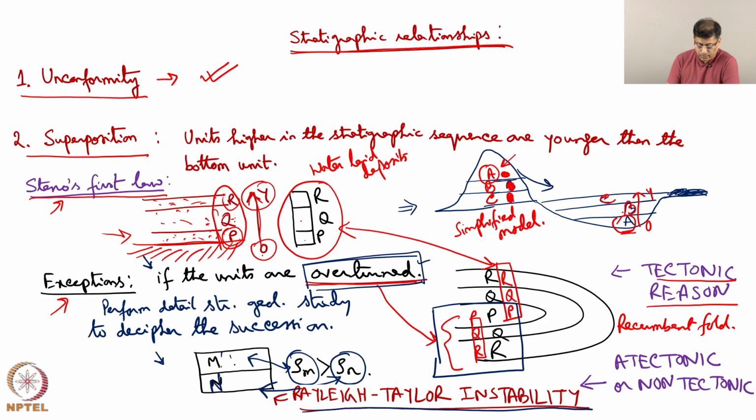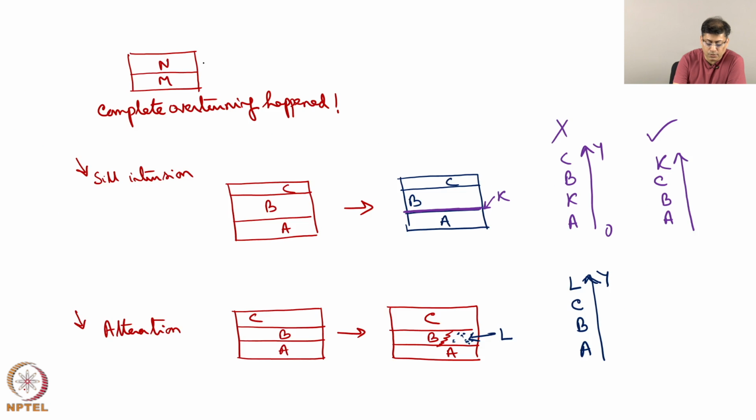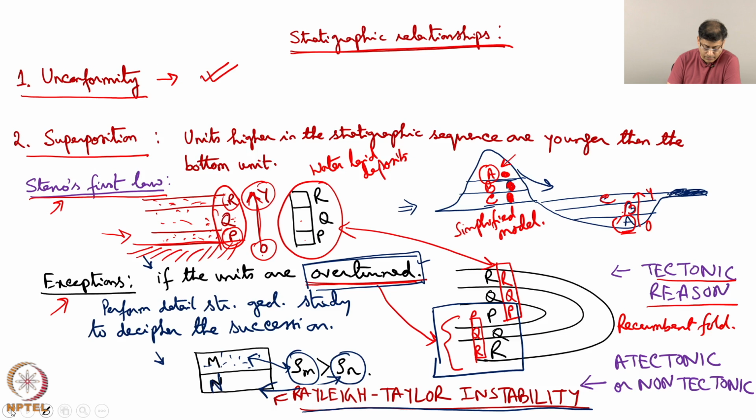The highly dense material will try to go down over millions of years. Rock moves in a ductile manner and M finally goes down, N moves up. So, after years this situation is possible, a complete overturning has happened. An easy way to understand this is to think that there is a tank and half of it is full of kerosene, and over that we are pouring water.